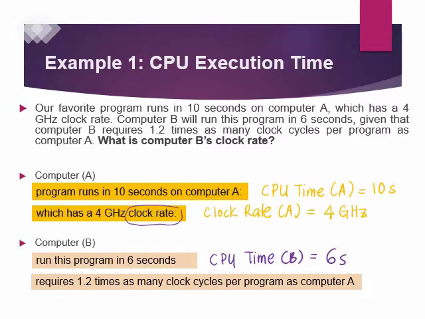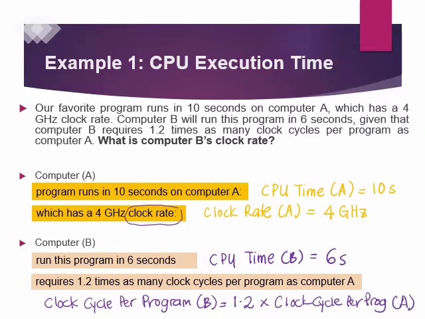That means clock cycle per program B equals 1.2 times clock cycle per program A. So you have the 4 information. So what does the question want us to calculate? What is computer B clock rate?